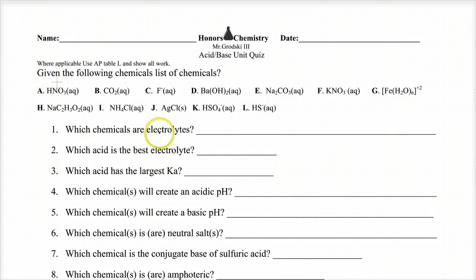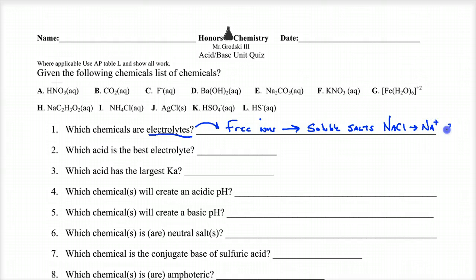Talking about electrolytes, we learned already that electrolytes are anything that in solution make free ions. Things that make free ions, for the most part, are soluble salts. For instance, sodium chloride breaks apart into Na plus and Cl negative.